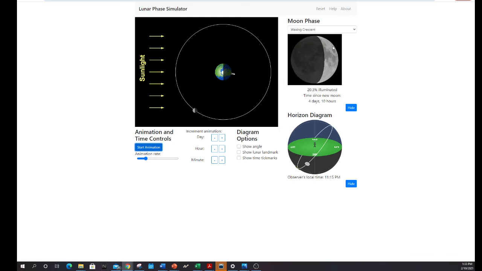When the moon is going from new up to the full moon, we call this a waxing moon, meaning that the part that is illuminated with respect to us is getting bigger.